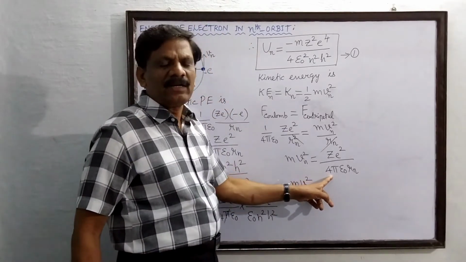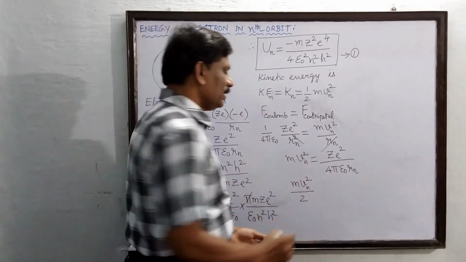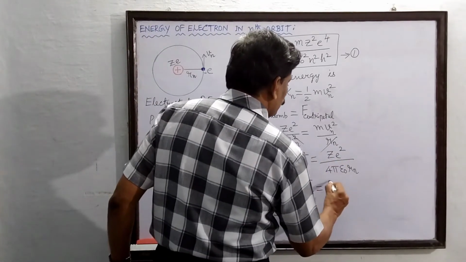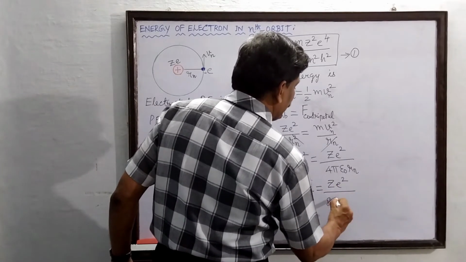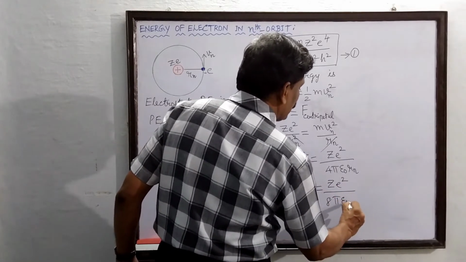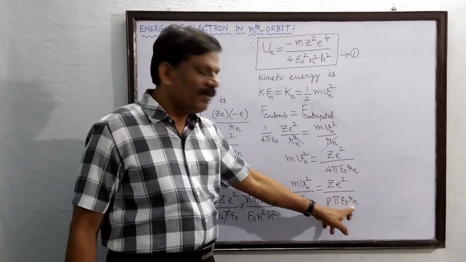So in the denominator on the right hand side also I have to multiply by 2. So 4 into 2 will become 8. So that this is equal to Ze square divided by 8 pi epsilon naught into Rn. Again I am going to substitute for Rn.